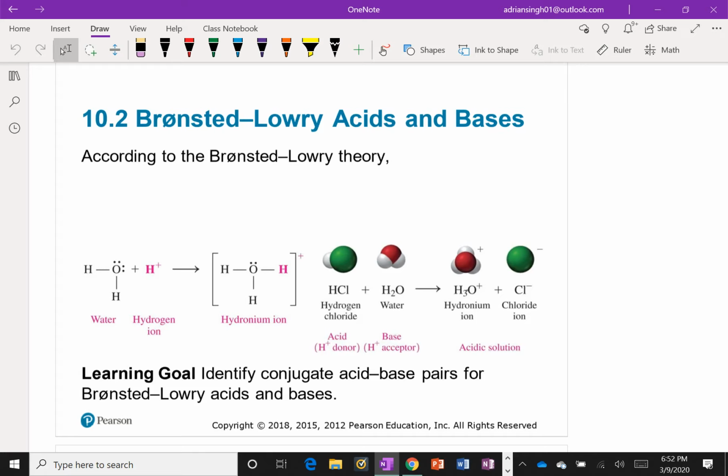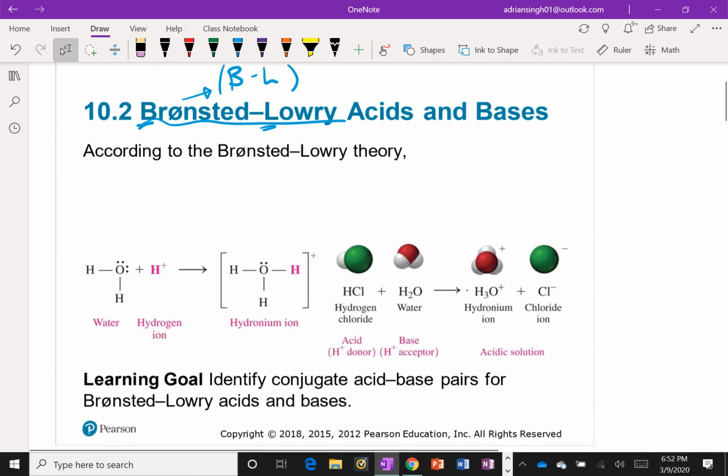And this is called the Bronsted Lowry theory of acids and bases. So Bronsted Lowry, often abbreviated as BL. This treats acids and bases according to their ability to lose or gain one thing. And that thing is called a proton.